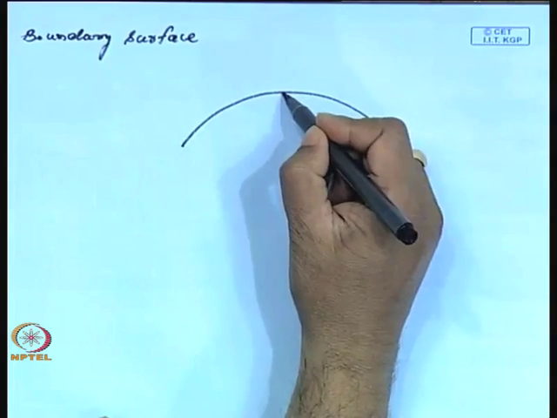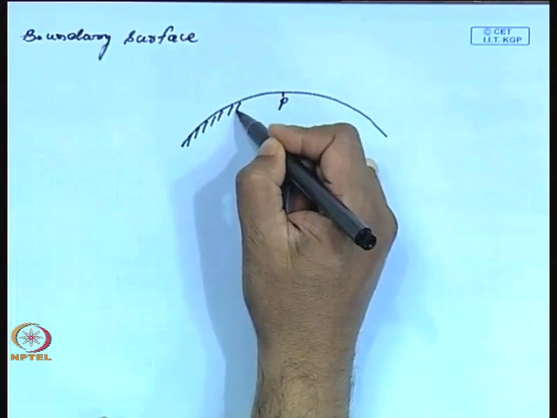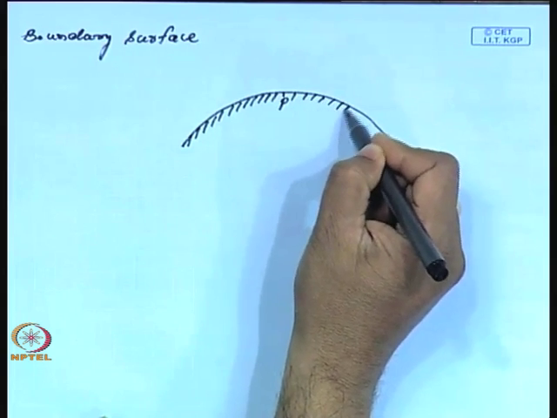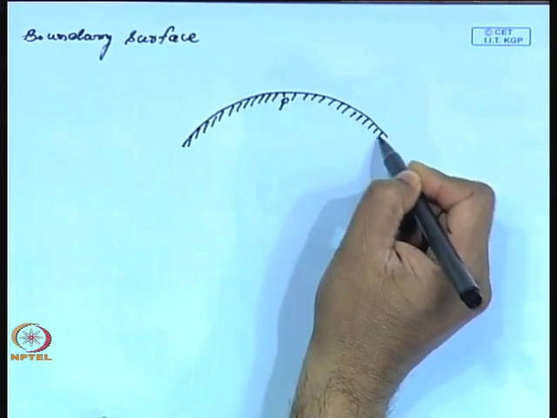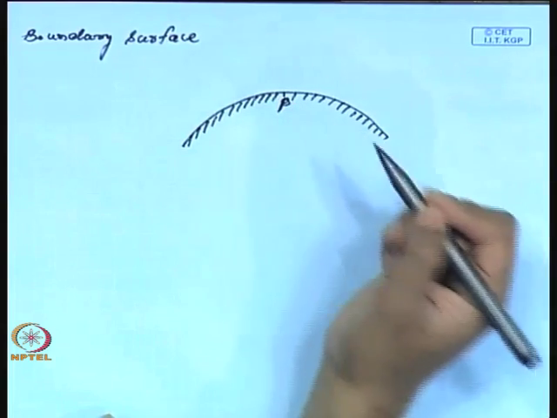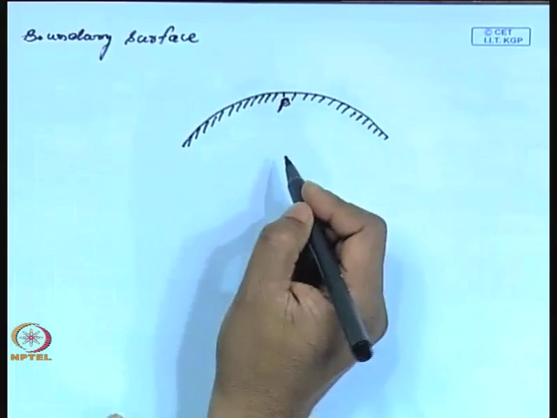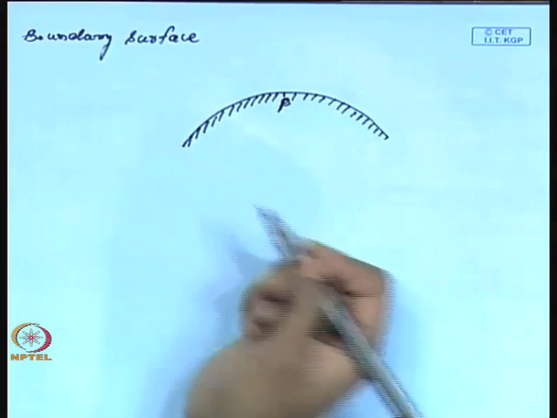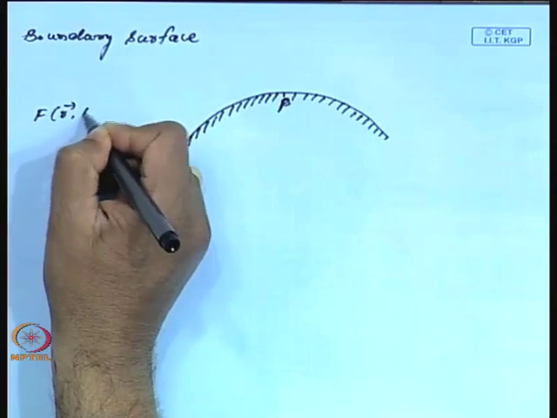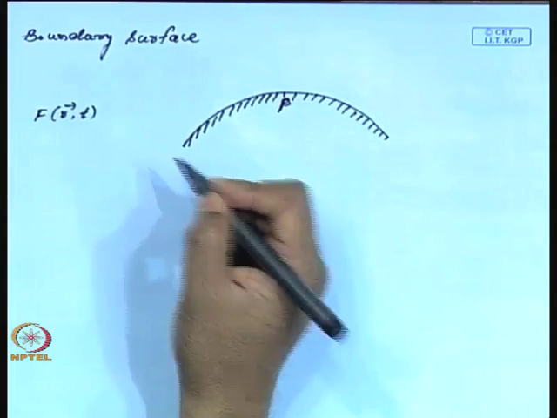Let me take a point P. I consider the top side to be with the fluid, and the boundary is here. Once I have a point P, let me call this surface f, a function of r bar and t, because the fluid is flowing.